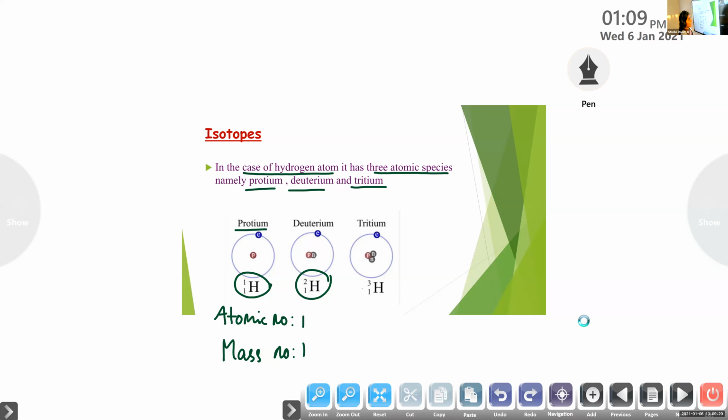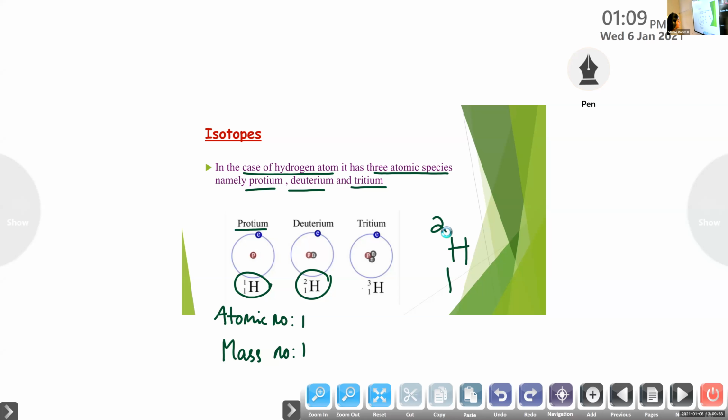Justin, can you tell me the atomic number of this deuterium? The second one. Atomic number. H, 1, 2. Tell me. Ashi, can you tell me?